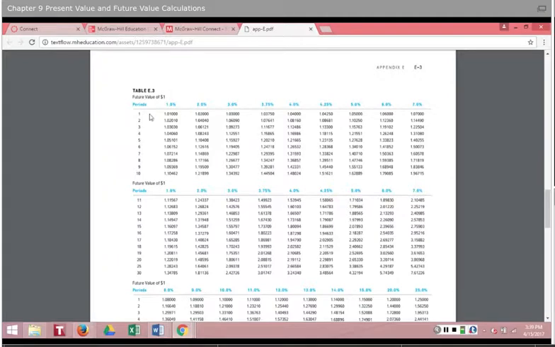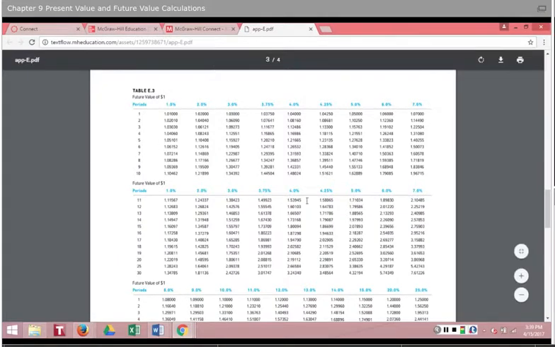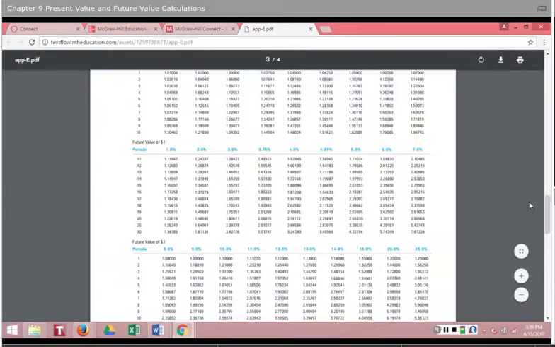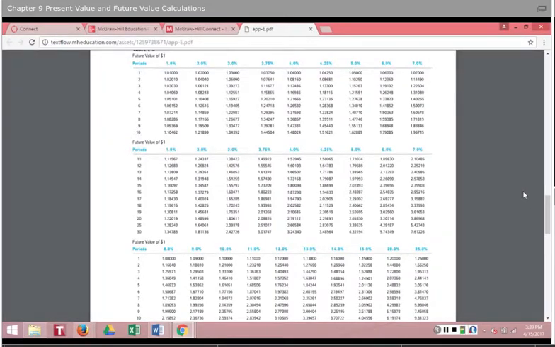So what I want you to notice is that every factor on the future value of a single sum table has to be greater than 1, because 1 equals the amount of the present value, and since the future value has to be greater than the present value, the factor always has to be greater than 1.